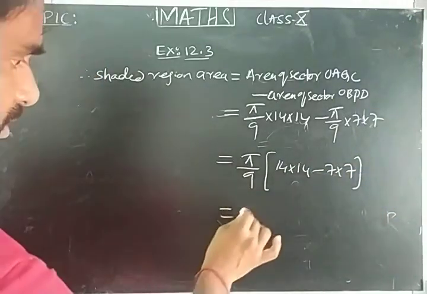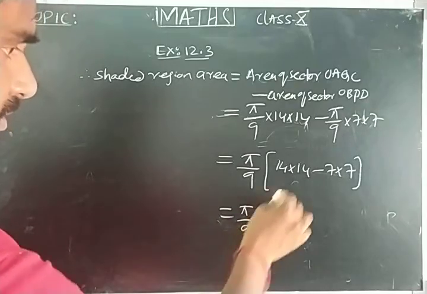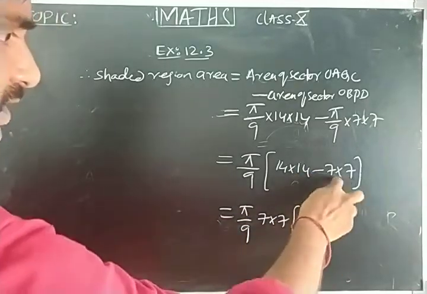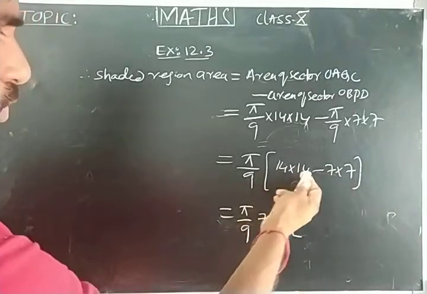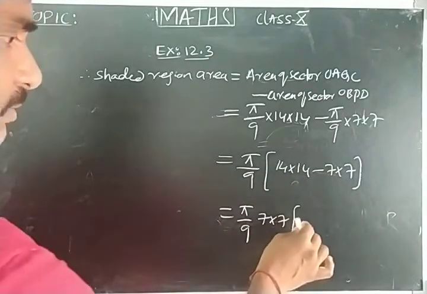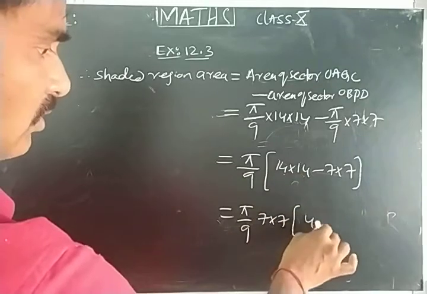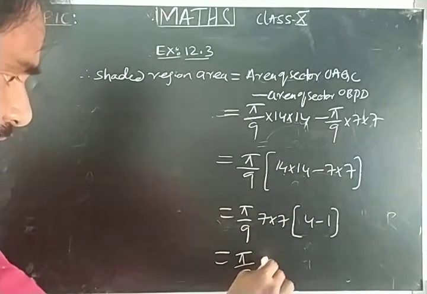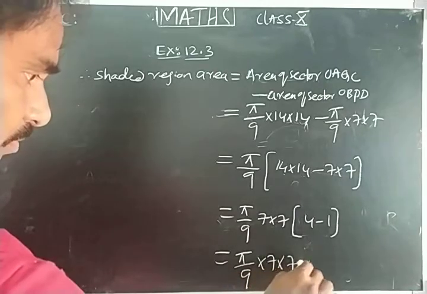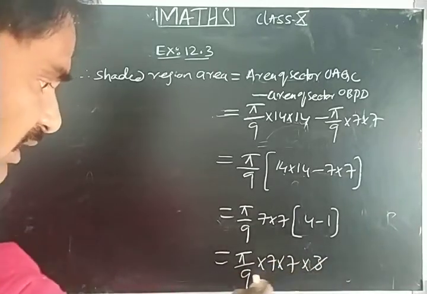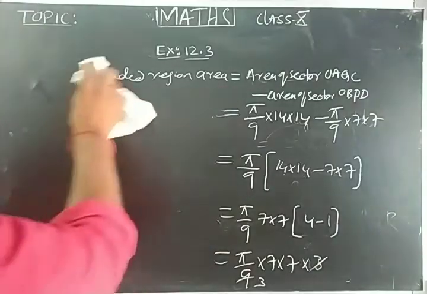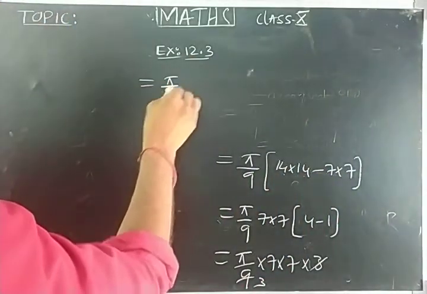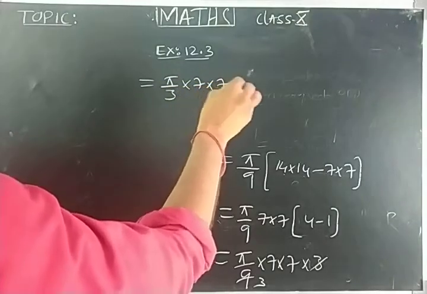Keep pi by 9 outside. I am taking 7 into 7 common. Here 7 into 7, here 7 into 2, 7 into 2. So I am taking 7 into 7 common. So you will get 2 into 2, 4 minus 1. Pi by 9, 7 into 7 into 3. 3 3s are 9. Now pi by 3 into 7 into 7.